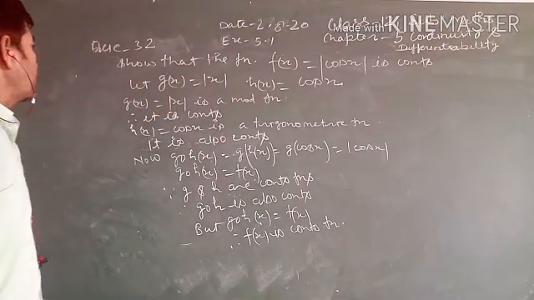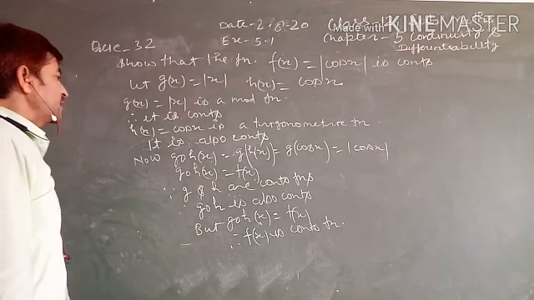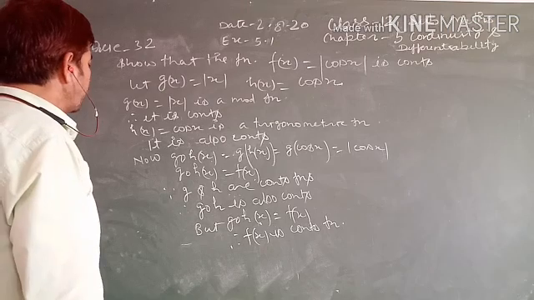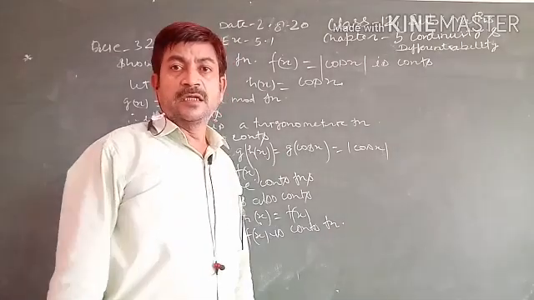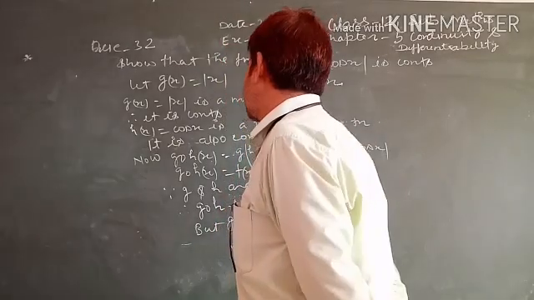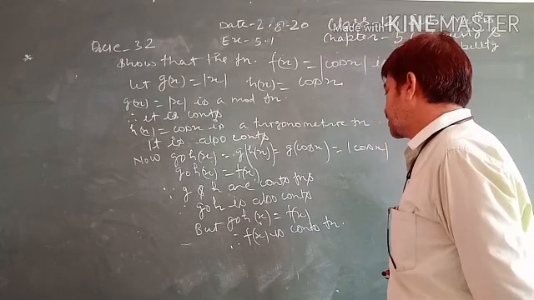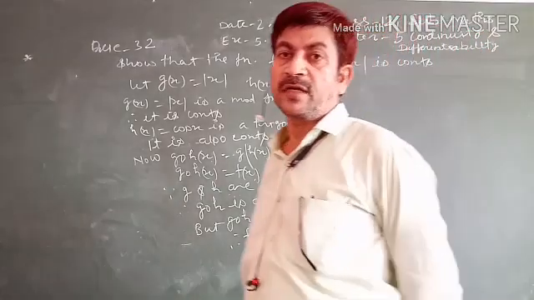Suppose g(x) equal to mod x and h(x) equal to cos x. g(x) equal to mod x is continuous in its domain, and h(x) equal to cos x is a trigonometric function, so it is continuous in its domain. Now we find g circle h, it is equal to f(x). Since g and h are continuous functions, their composition should be continuous. Hence, we have proved f(x) equal to mod cos x is a continuous function.